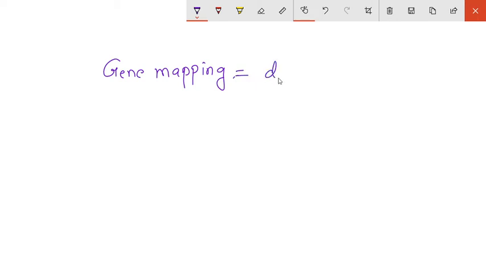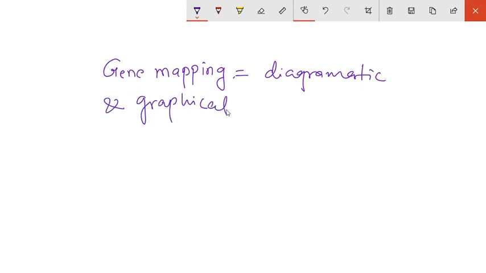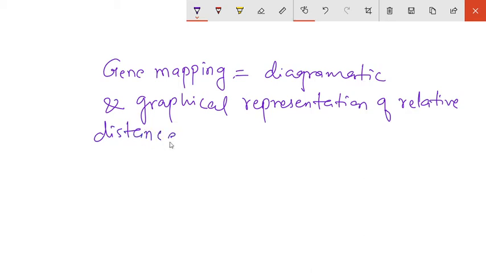It is the diagrammatic and graphical representation of the relative distance between linked genes.